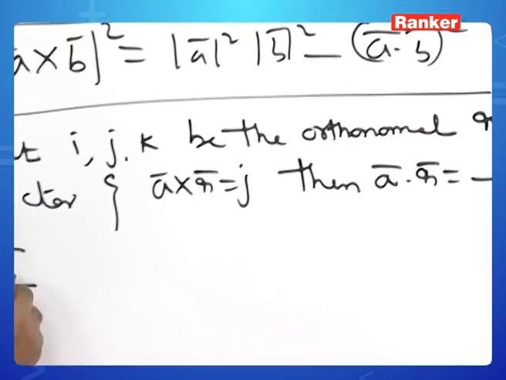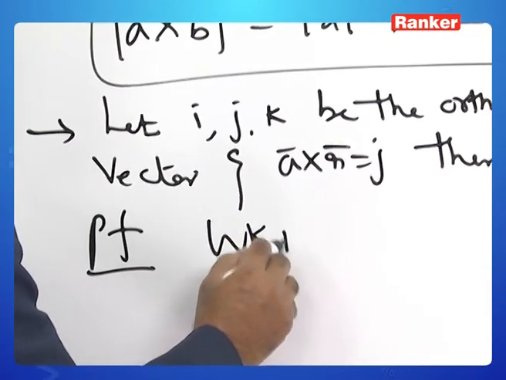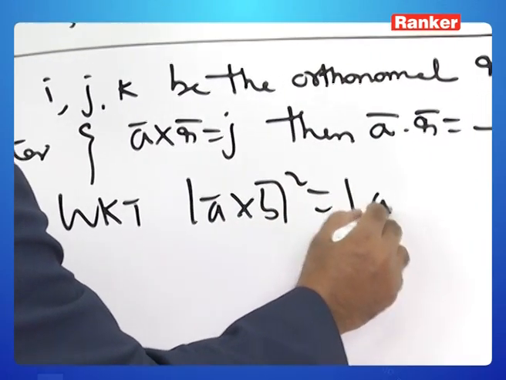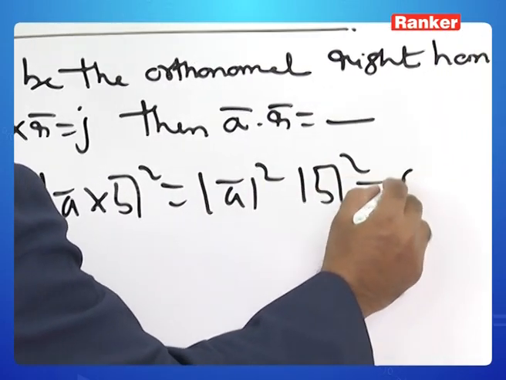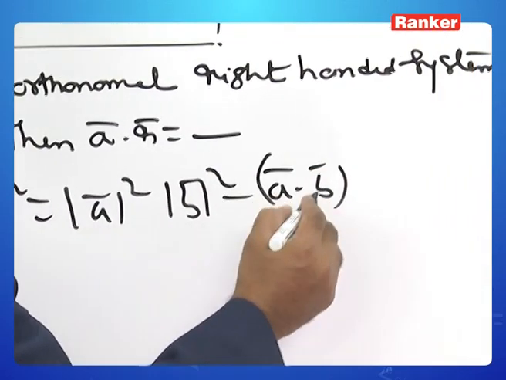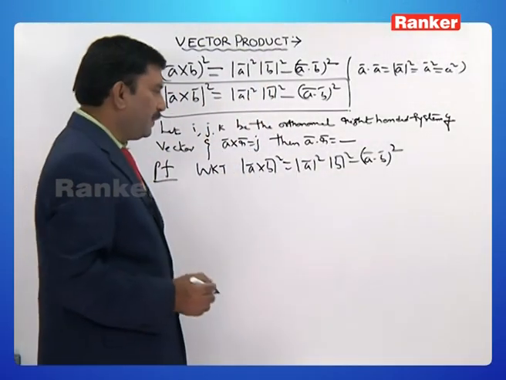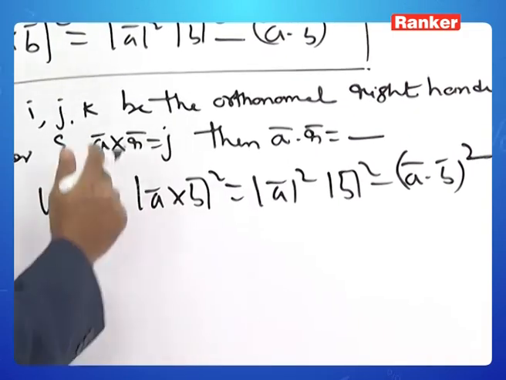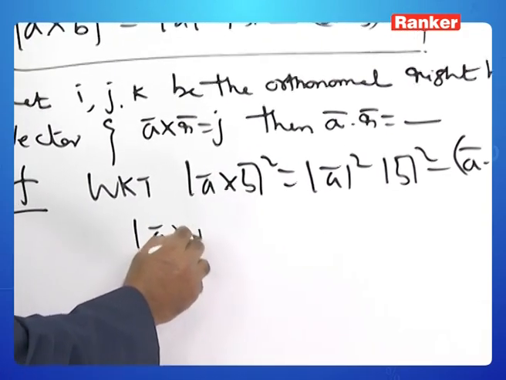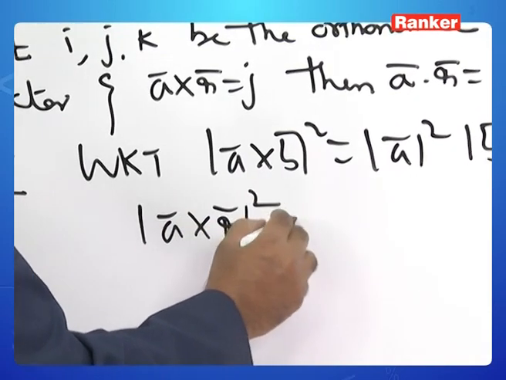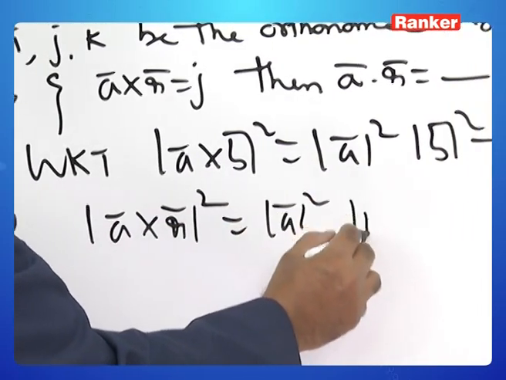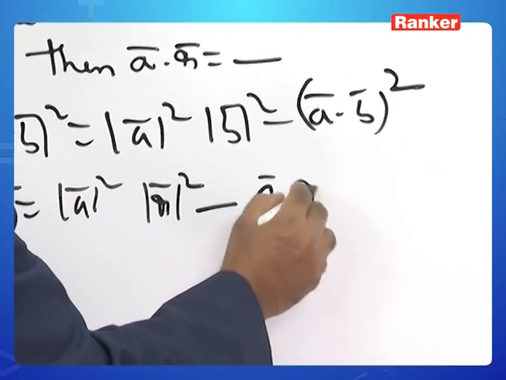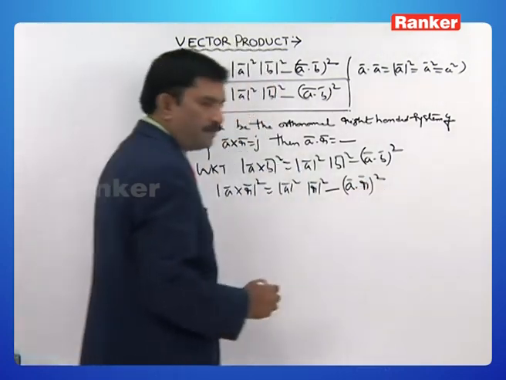The proof of this one is, we know that |A bar cross B bar|² is equal to |A|²|B|² minus (A dot B)². In place of B bar, R bar, I can write |A bar cross R bar|² is equal to |A|²|R bar|² minus (A bar dot R bar)².